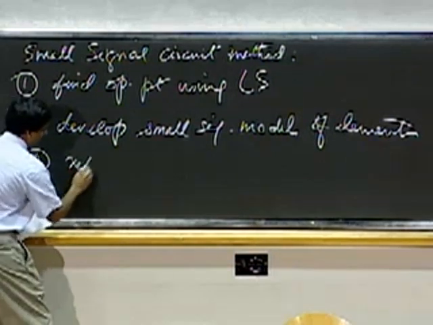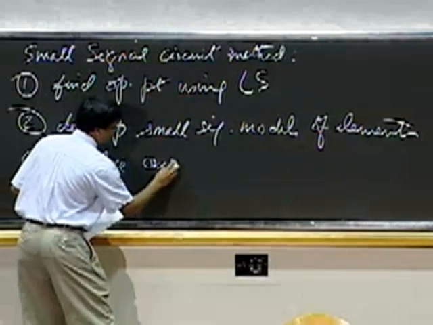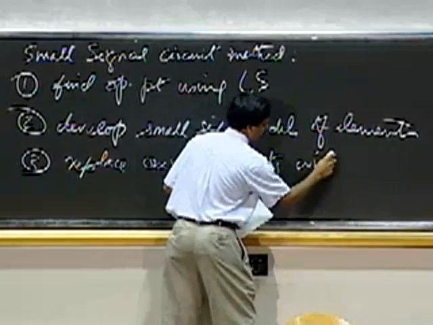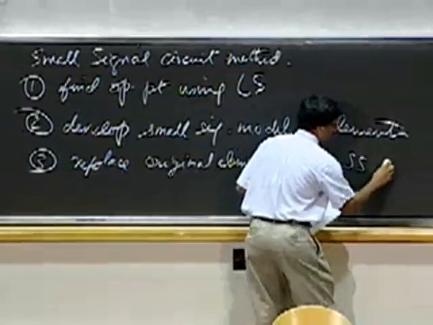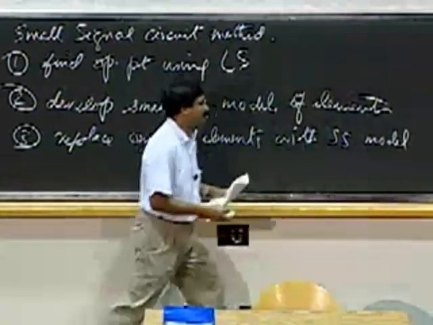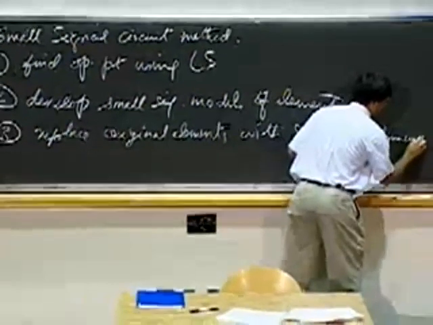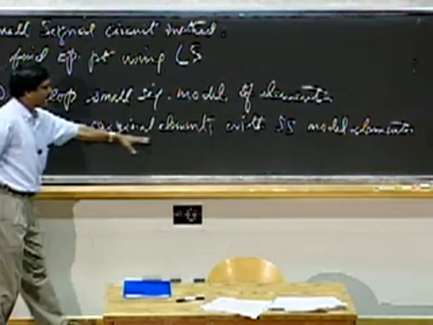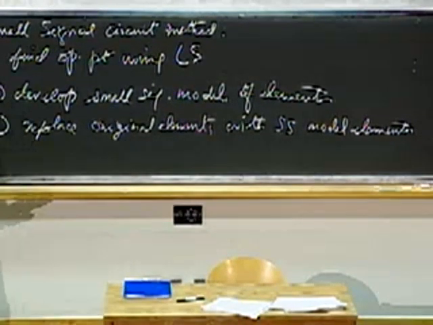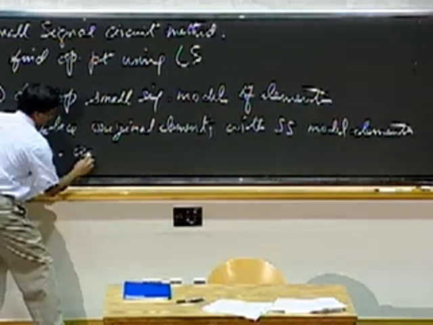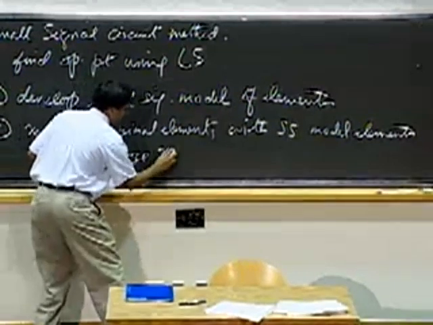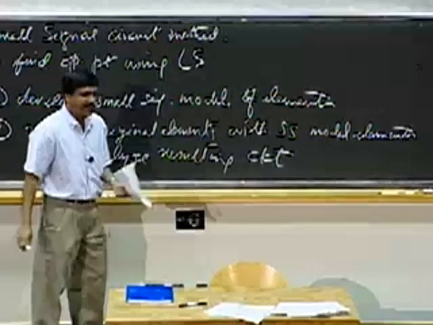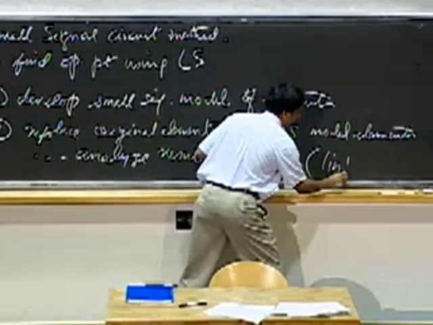The third step is simply to take the large elements and replace them with their small signal equivalent models. Then analyze the resulting circuit. And that circuit will be a linear circuit.